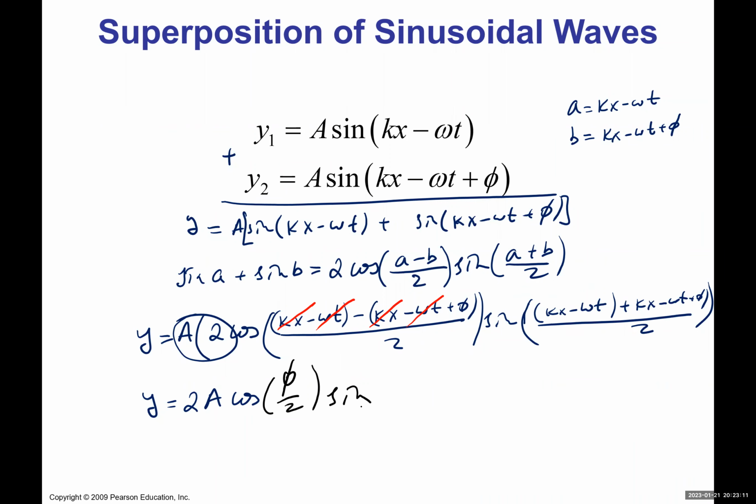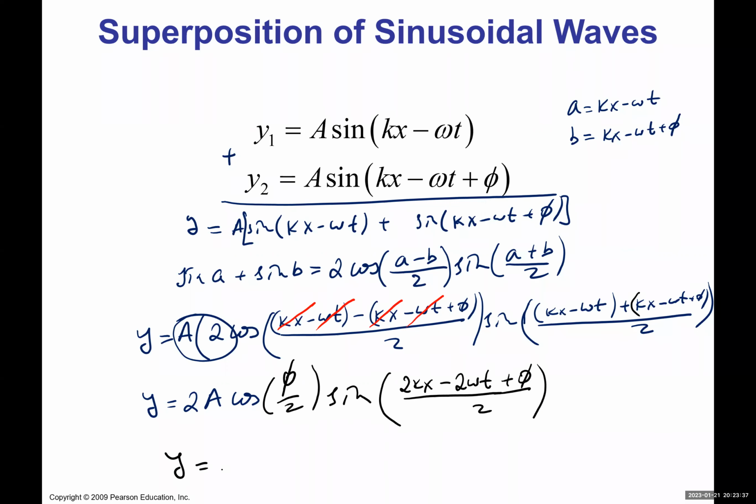Therefore, for the second term, I have kx minus omega t plus kx minus omega t, so it becomes 2kx minus 2 omega t, then plus phi, divided by 2.